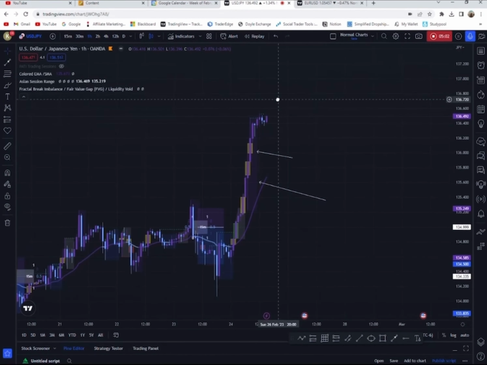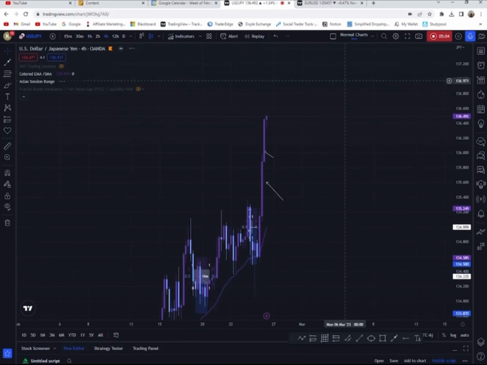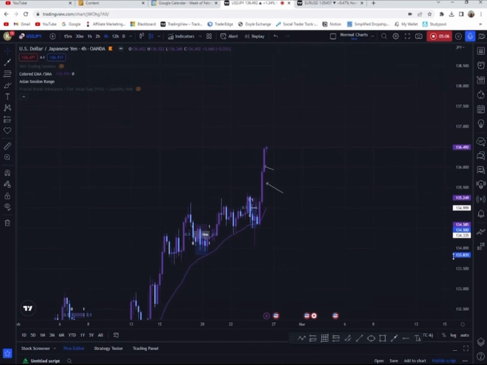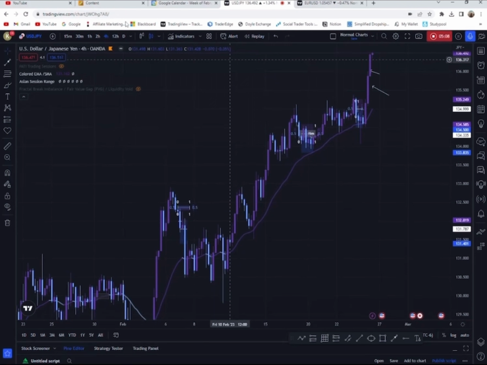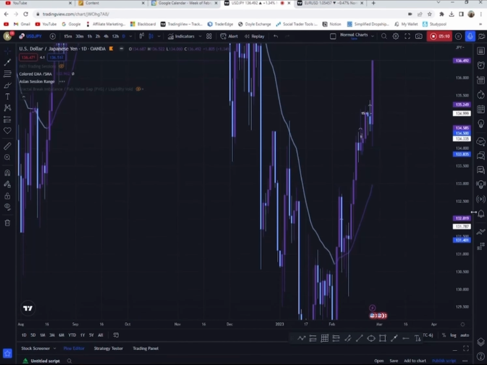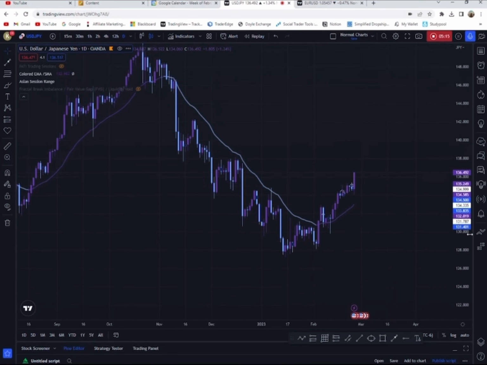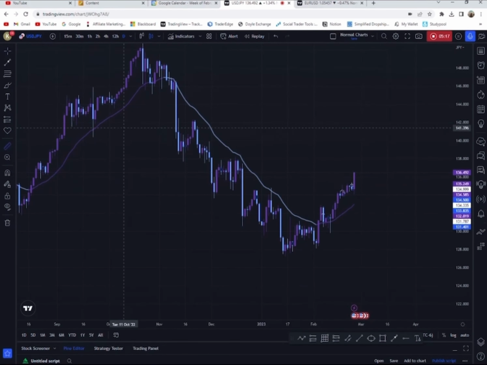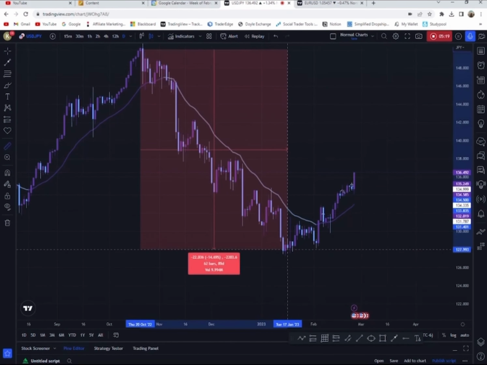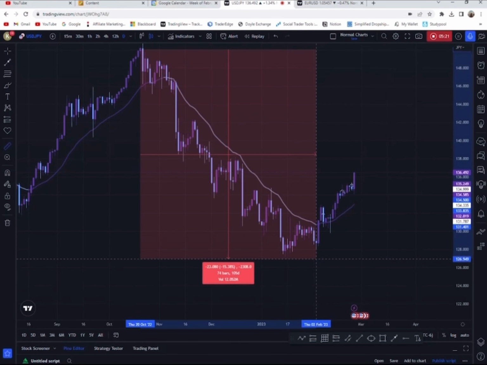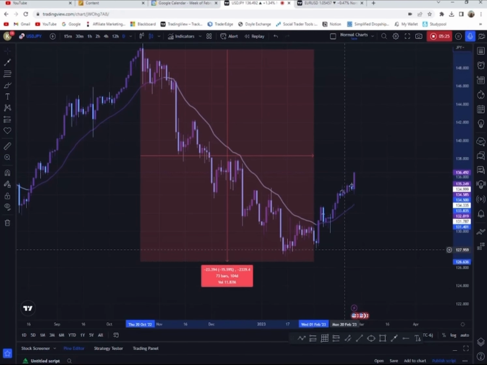So for USDJPY, let's go to the 4-hour again. We're obviously bullish, very bullish. We've been bullish for a long time. Let's go to the daily time frame. We had some ebbs and flows. You can see here, we went on this major downtrend for about 100 and something days, and then we started pushing up.